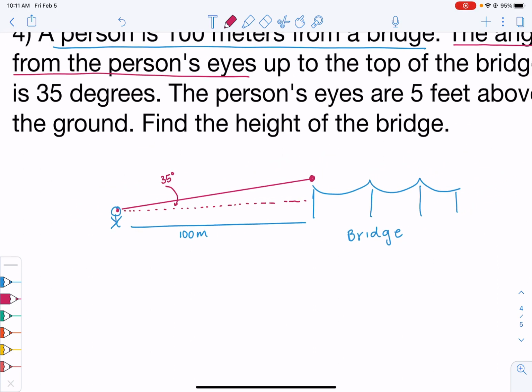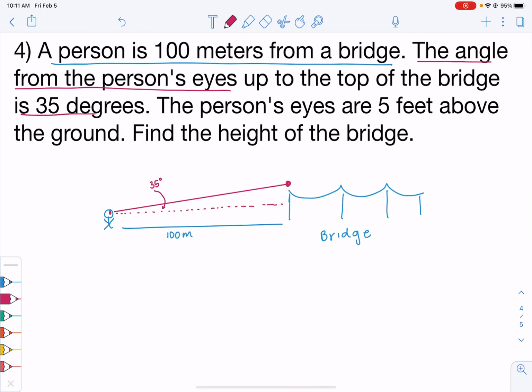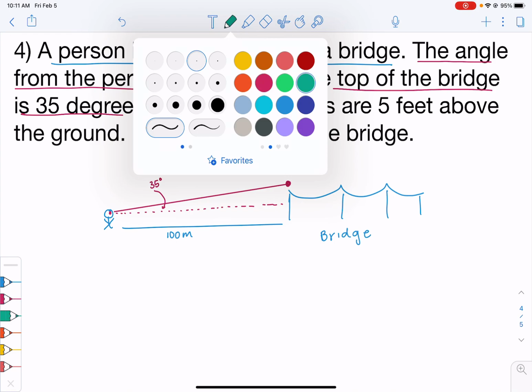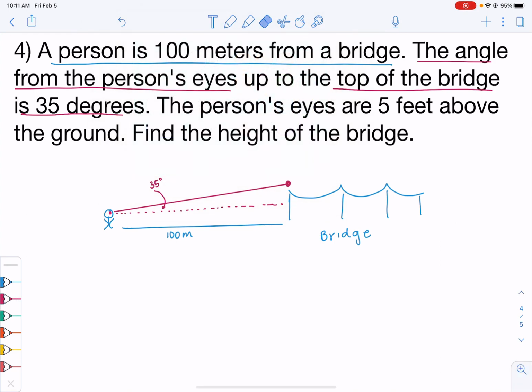I made it too small. The person's eyes are 5 feet above the ground. It's talking about the person's height. Find the height of the bridge. So we want to know, how tall is that bridge?